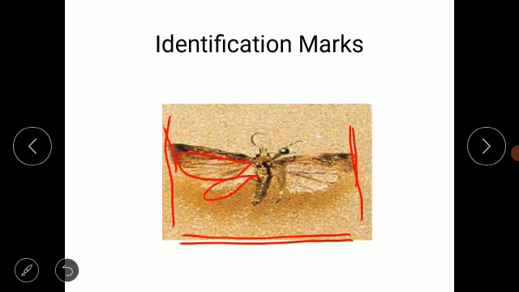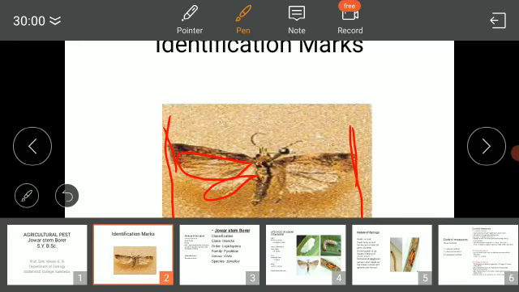The front or first pair of wings, which is larger, is known as the forewing. These forewings are straw colored or light brown, and they also possess numerous shining brown spots on the margin. You can observe the brown colored spots here.